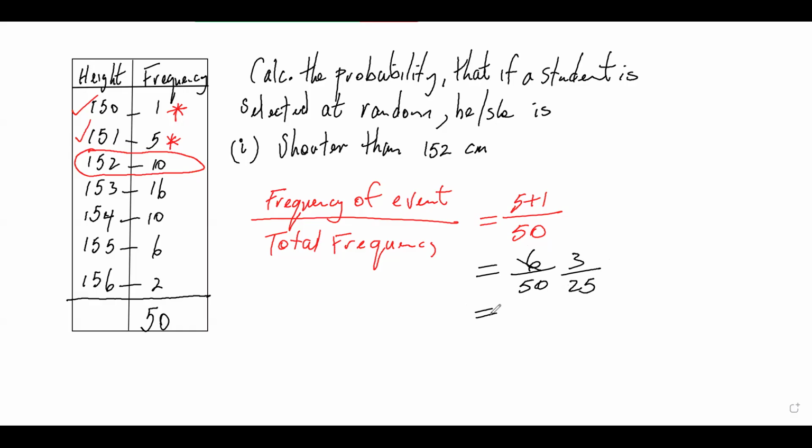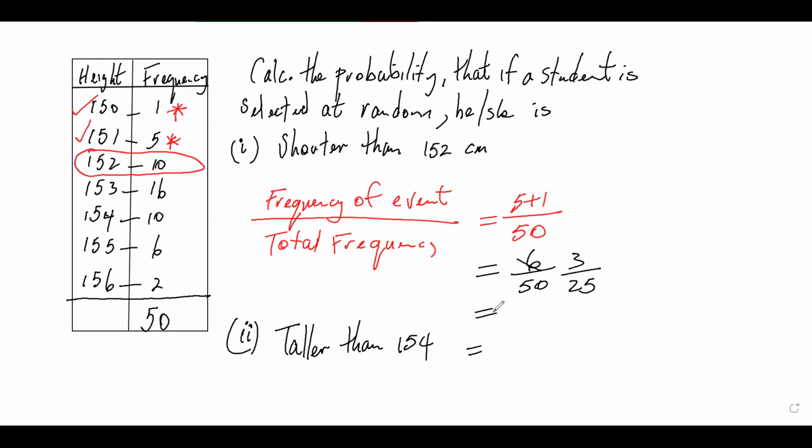All right, next question, last question. The probability that the person chosen at random is taller than 154. All right, let me see all the answers.